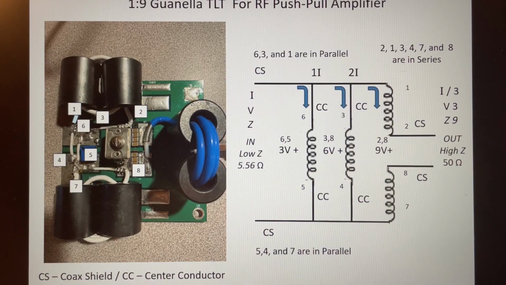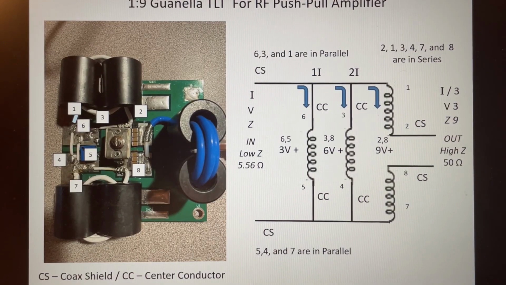And remember that the TLT is just a combination of series and parallel circuits. You can configure those to achieve all different kinds of ratios to match your load impedance to your source impedance, or source impedance to load impedance.